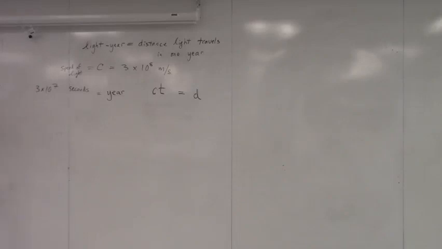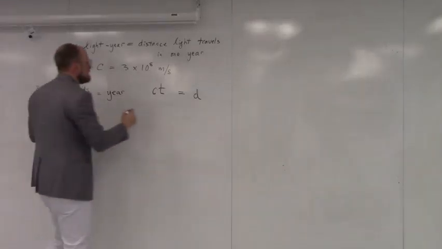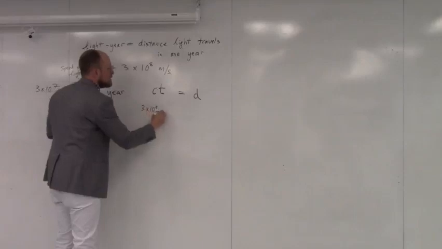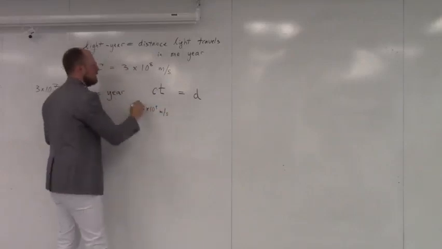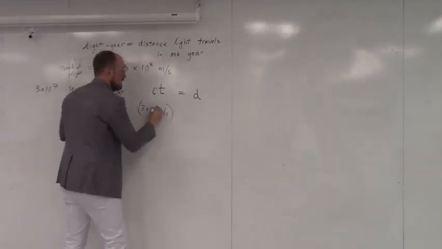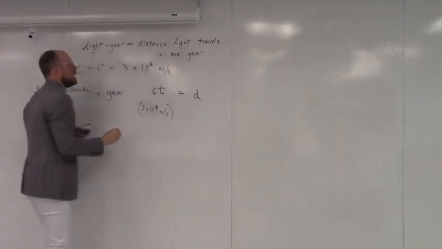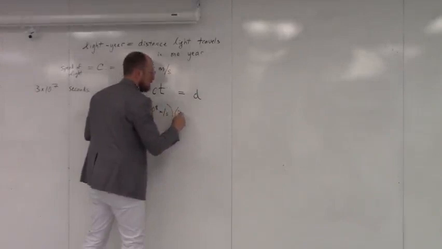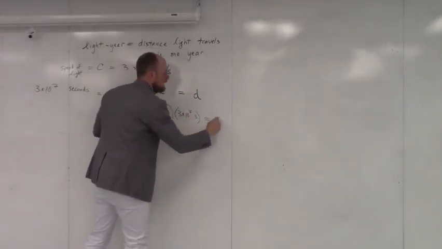But I want to do a light year. So I'm going to take the speed, which is 3 times 10 to the 8 meters per second. Always bring your units along. I'm going to multiply by the number of seconds, 3 times 10 to the 7. And that should be a light year.